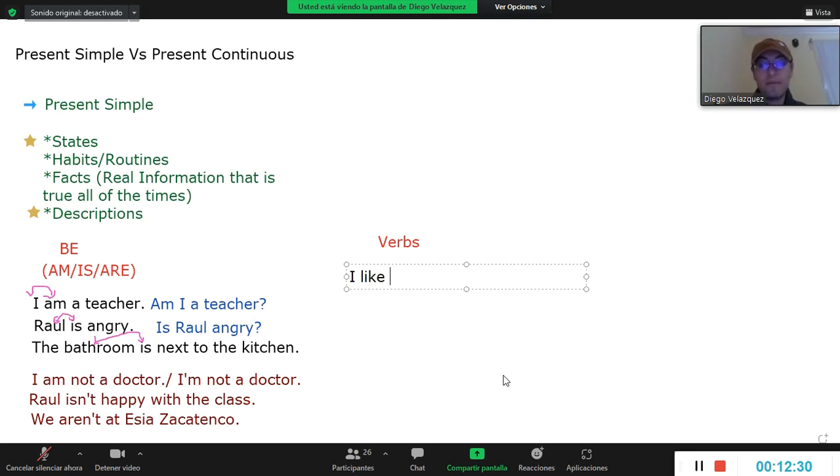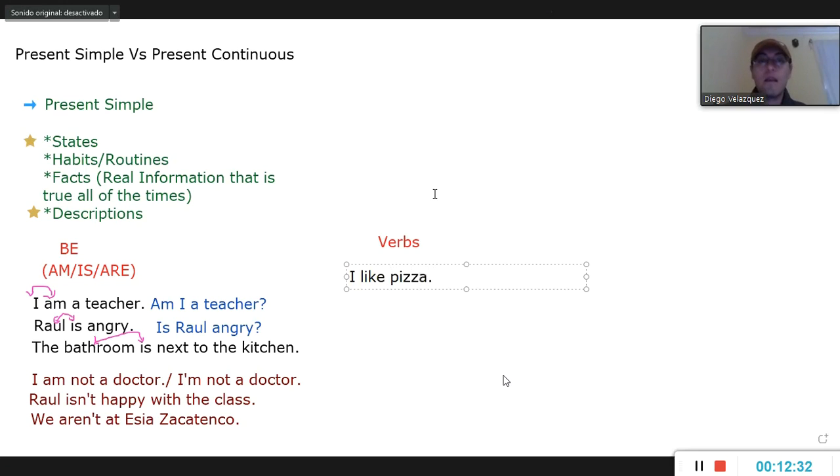So for example, maybe with the verb like, with subject I, I like pizza. But well, I can do exactly the same with the subjects you, we, and they.